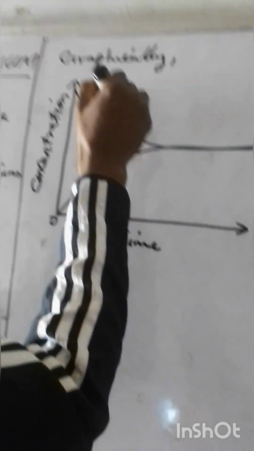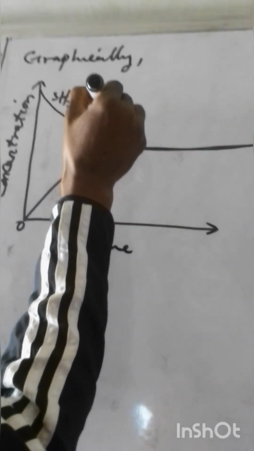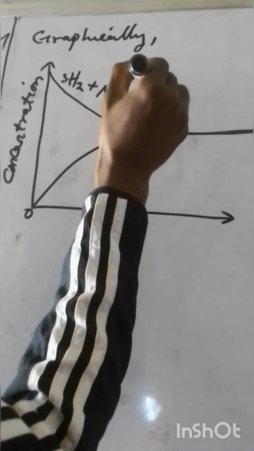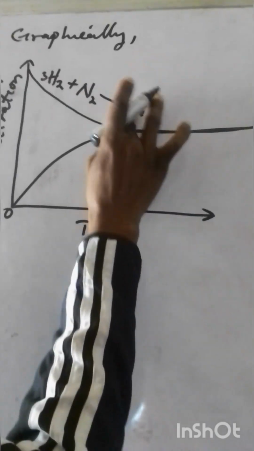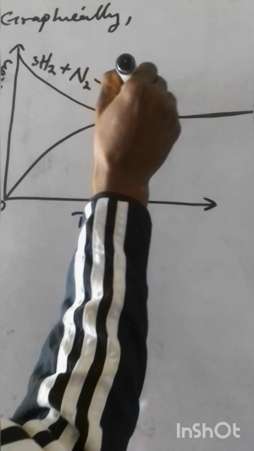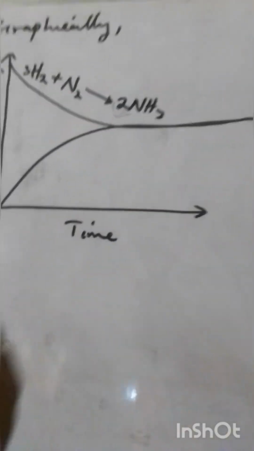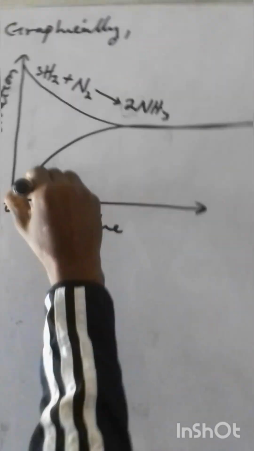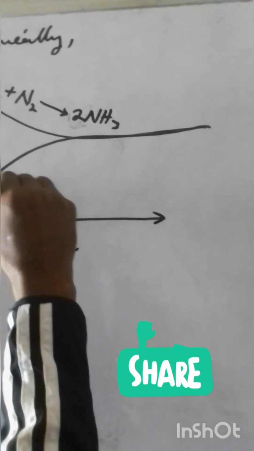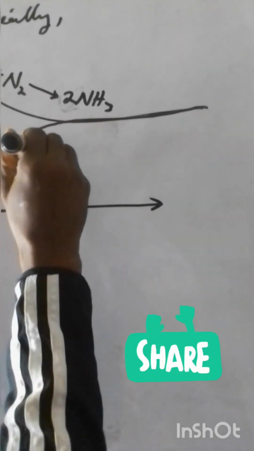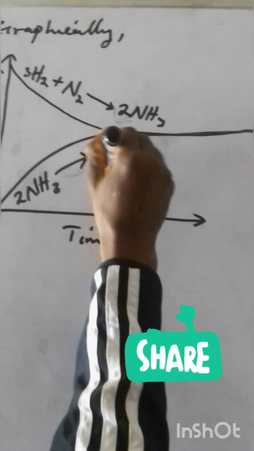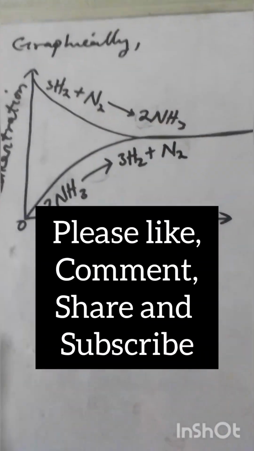Hydrogen plus nitrogen to yield ammonia, and ammonia to yield hydrogen and nitrogen.